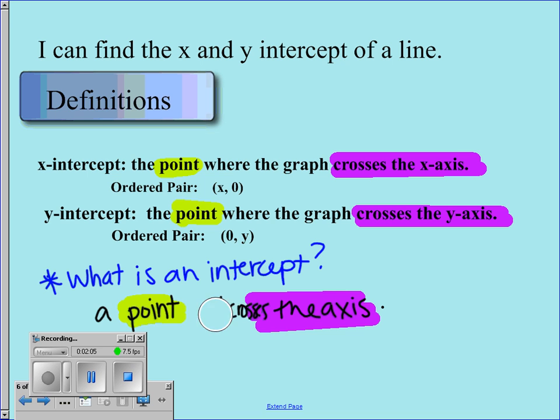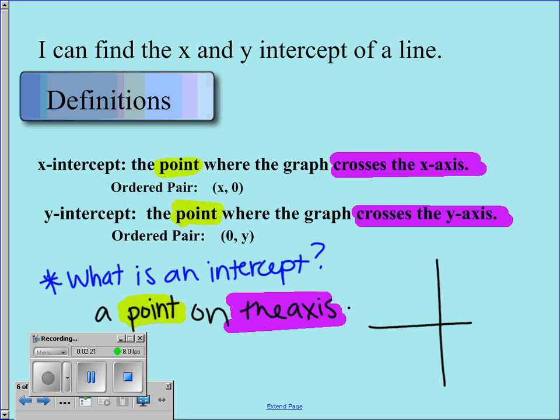Let's think of a better way to say this. A point, why don't we say a point on the axis? Just to make sure we remember from 6th grade, the axis is the same thing as the x, y coordinate plane. So we have the x-axis and the y-axis.